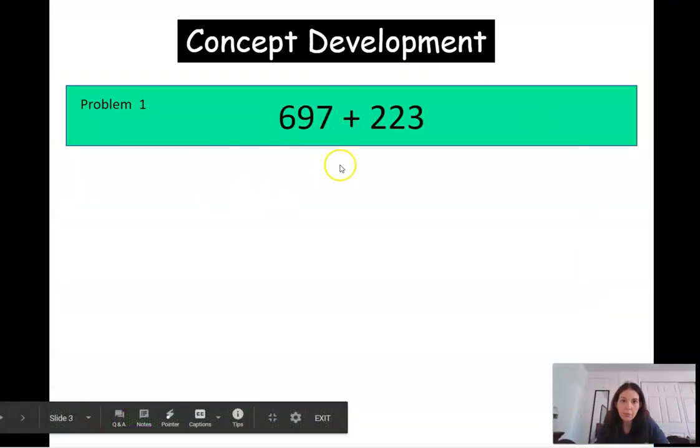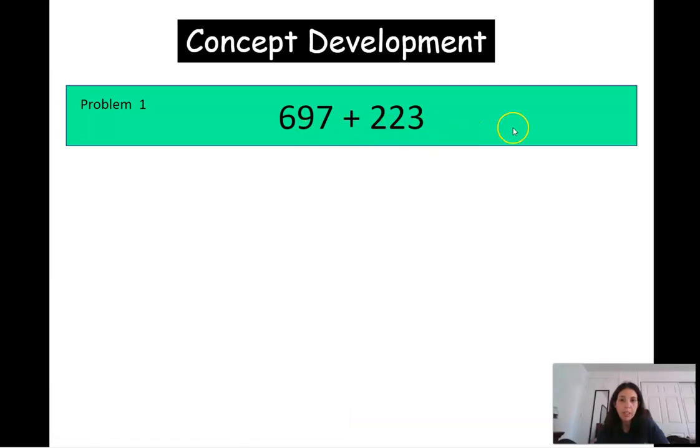So here's our first problem. 697 plus 223. We've learned lots of strategies so far of how to solve these problems. We've done number bonds to the nearest 100. We've done the compensation strategy, and we've also done the arrow method where you draw the arrows and you can go up plus 10, or plus 100.